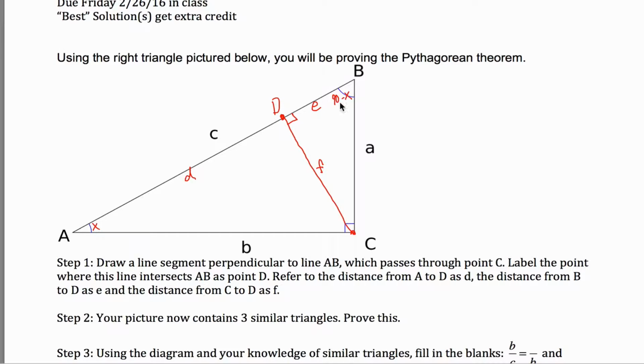And if this is 90 minus x, then I have this right triangle, and these interior angles have 180 to use. Their sum is 180. If I use up 90 of them right here, then I have 90 more to use up between these two. This is 90 minus x of them, then this has to be x of them.